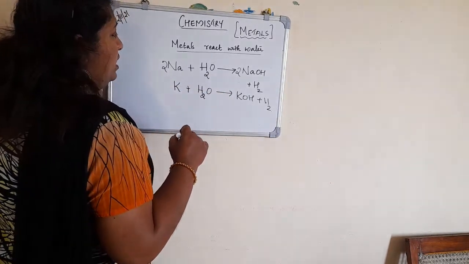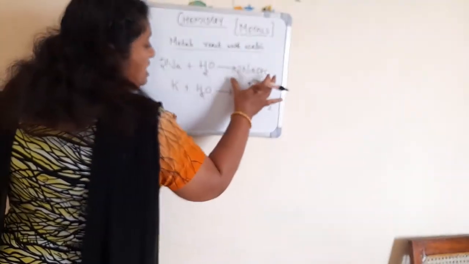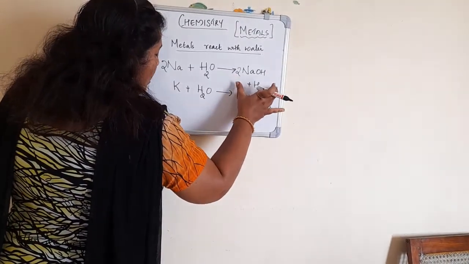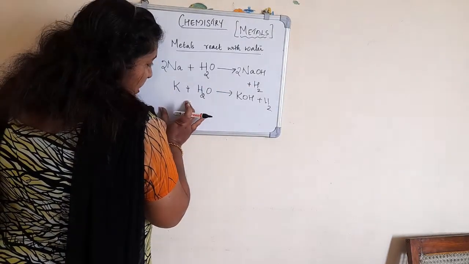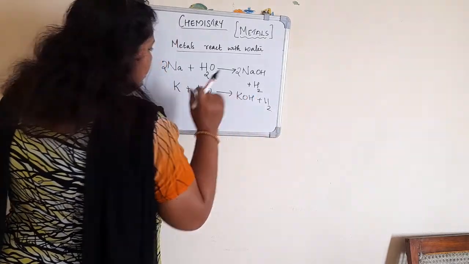Here you can see that sodium reacts with water to form sodium hydroxide and hydrogen. Similarly, potassium, which is a metal, reacts with water to form potassium hydroxide and hydrogen.